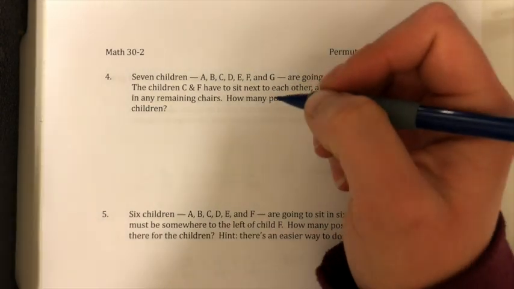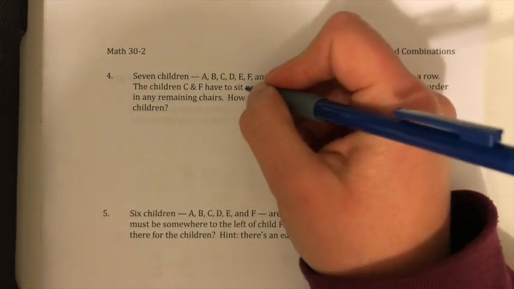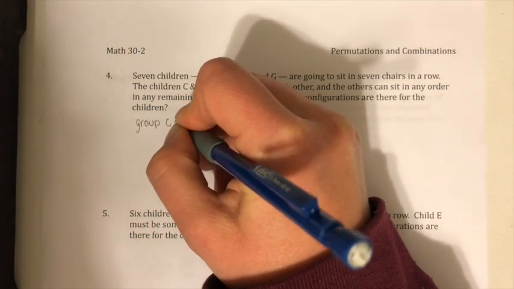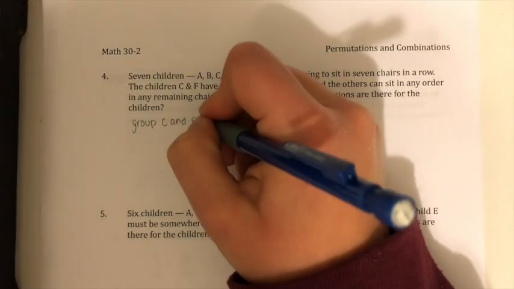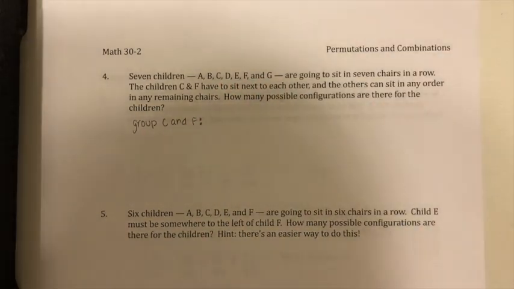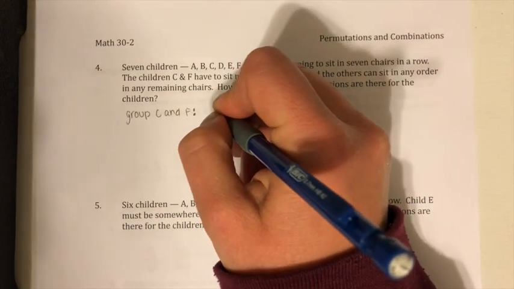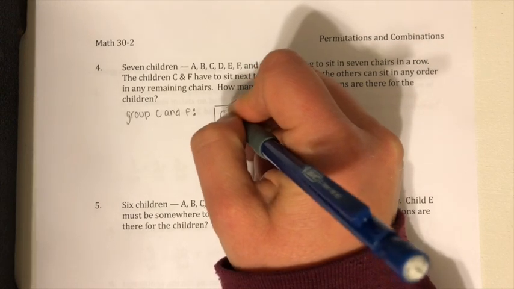So when there's 2 things, and this is a really common problem, when there's 2 things that have to be together, we're going to group them together. So C and F. So I don't know, Charlie and Frank, whatever their names are. We're going to group C and F together. So we're forcing them to be together. The way that I kind of look at this is I make them a little Scrabble tile and I put them together.